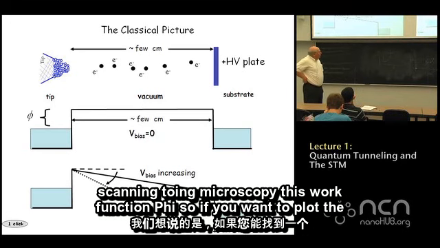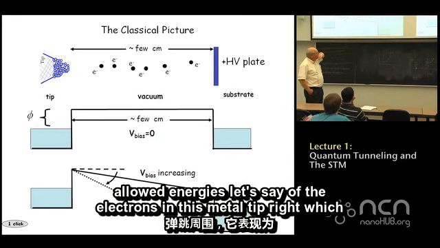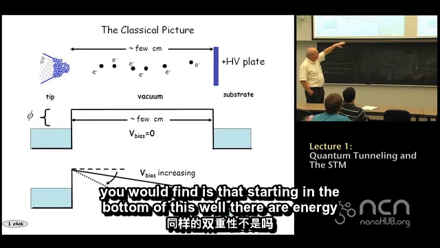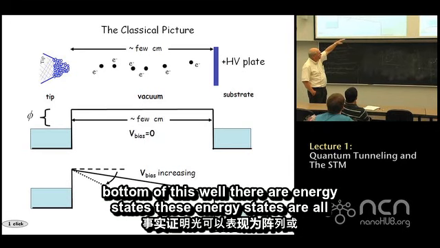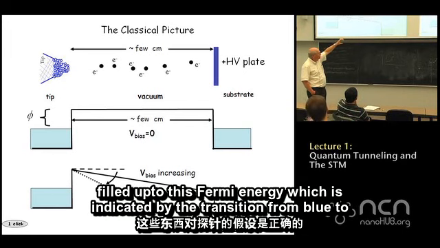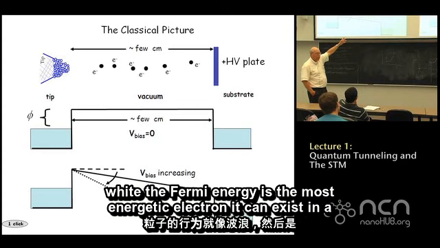So if you want to plot the allowed energies of the electrons in this metal tip, what you would find is that starting in the bottom of this well, there are energy states. These energy states are all filled up to this Fermi energy, which is indicated by the transition from blue to white. The Fermi energy is the most energetic electron that can exist in a metal.